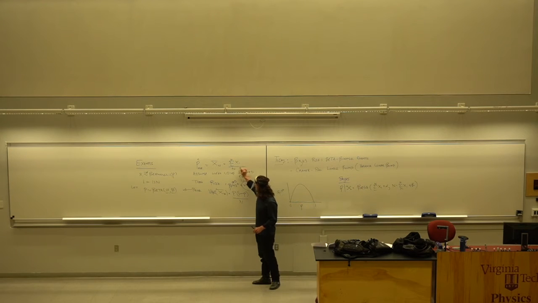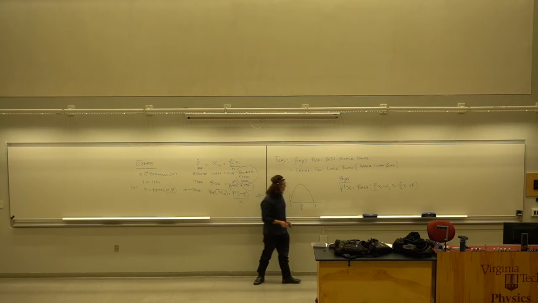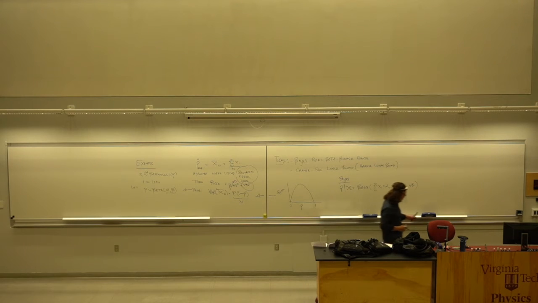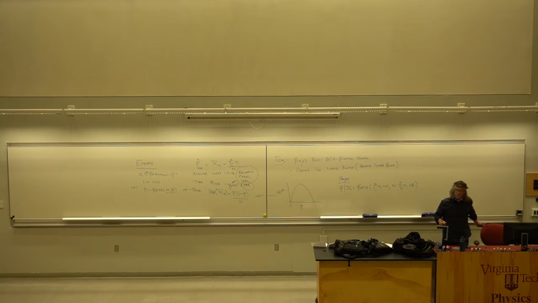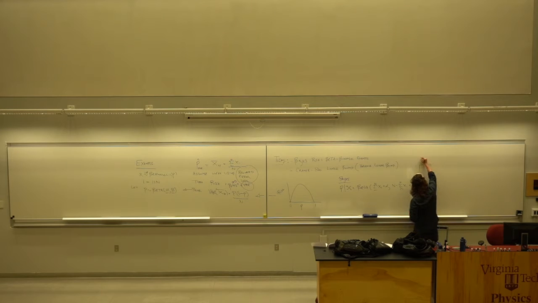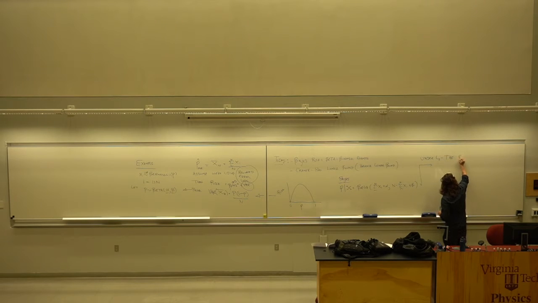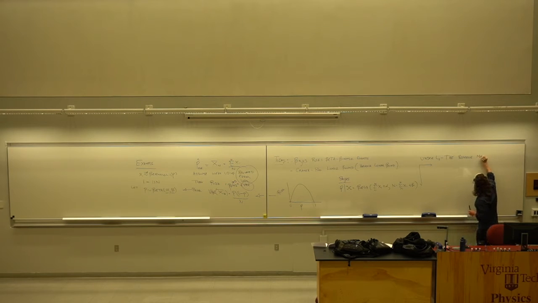So if we're using squared error loss, the L2 function, then the optimal estimator is going to be the posterior mean. Now I need to go back and show you a little bit about this, that that's actually true, but I've stated it. Next time we'll come in and maybe prove this statement. So under L2, the posterior mean is optimal.